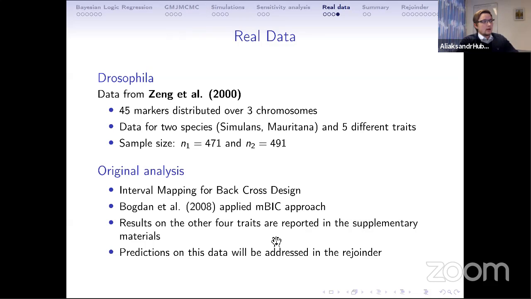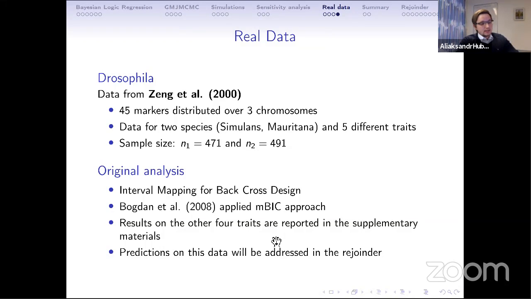The original analysis was performing mapping for the backcross design. There also are some results available from Bogdan and others who were using the MBIC approach for detecting individual markers and epistatic effects. The results for all of the traits are available in the supplementary materials.